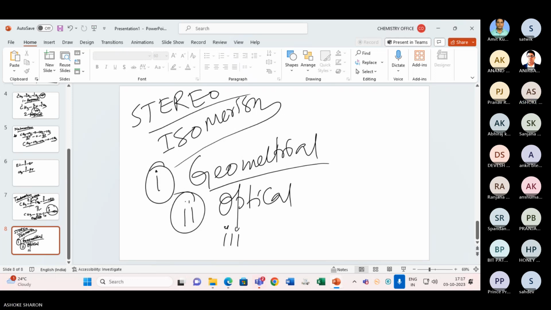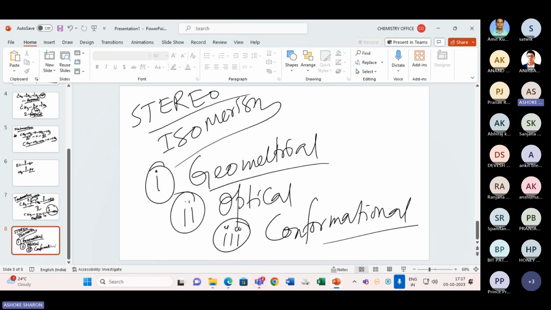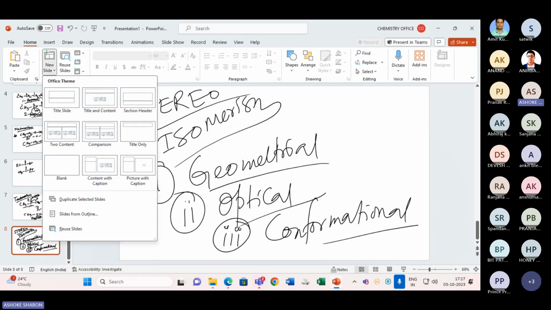Number 3 will be the conformational isomer. Whatever I have explained today up to the initial part, the structural one, is not so important. The biggest important section is stereoisomerism. When you explain stereoisomerism, first comes the geometrical isomer.